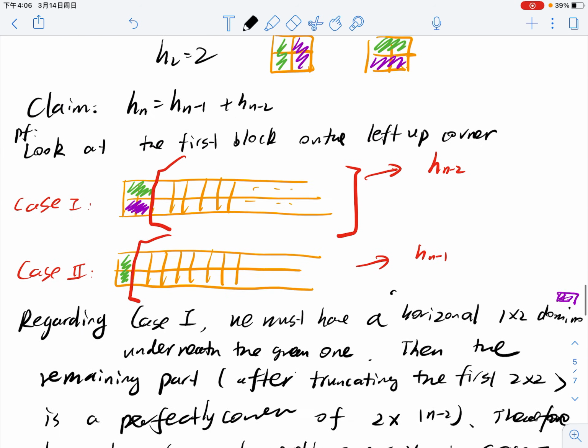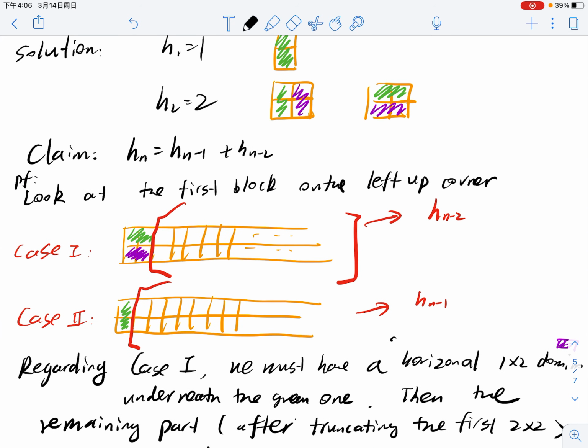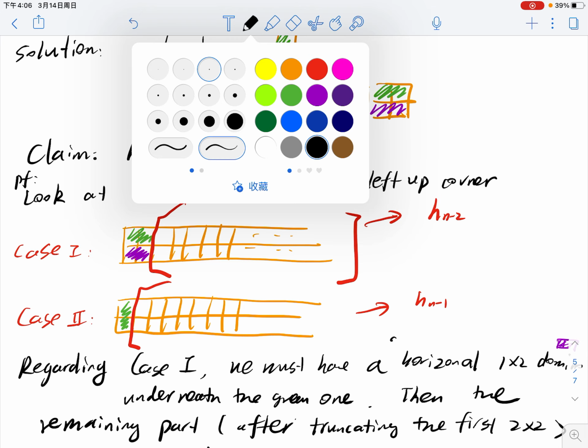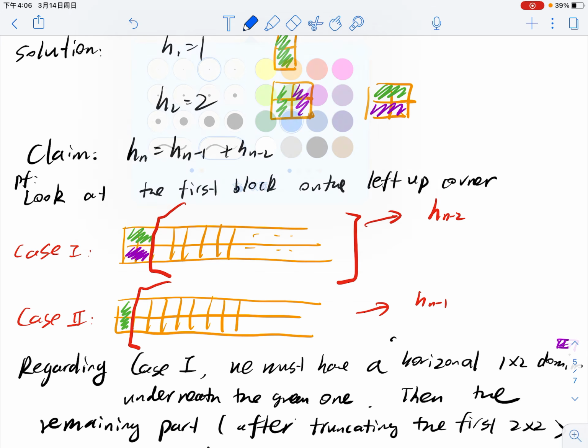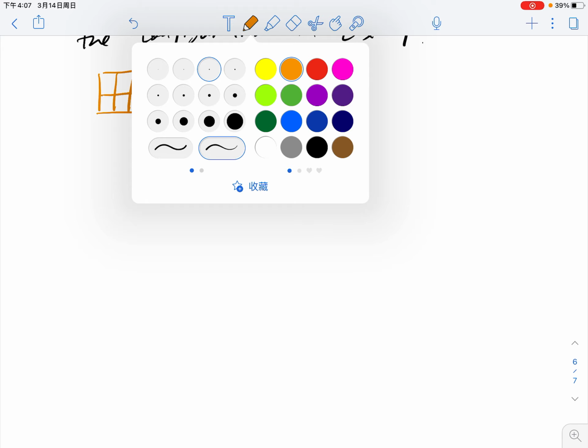Okay, if you look at the first line, so let me use a different color. For problems in example 1, you have this, and you have different ways of perfect cover.